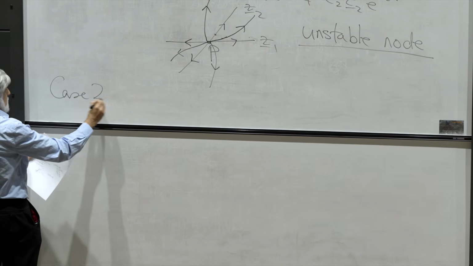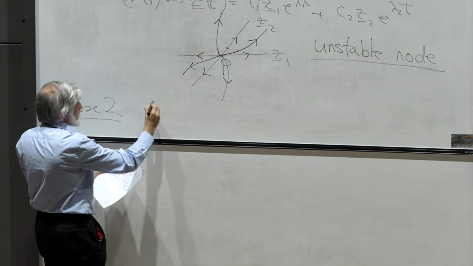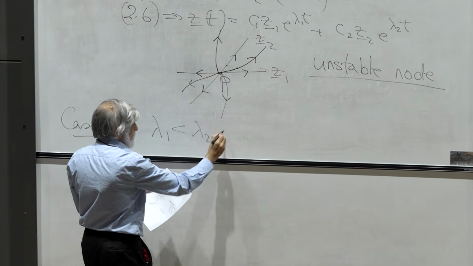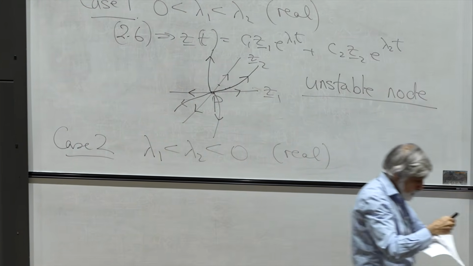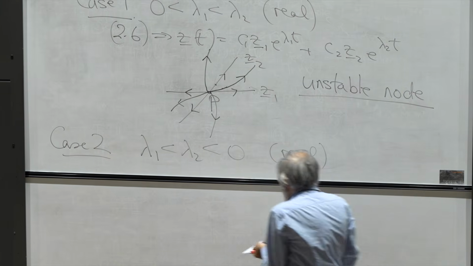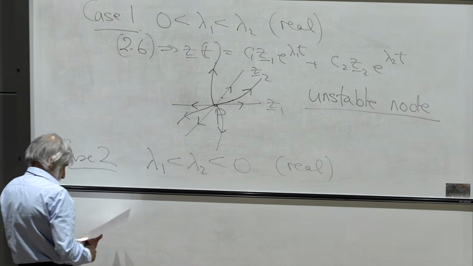Case 2, lambda 1 less than lambda 2 less than 0, again both real. And actually I'll do the eigenvectors in a different color.